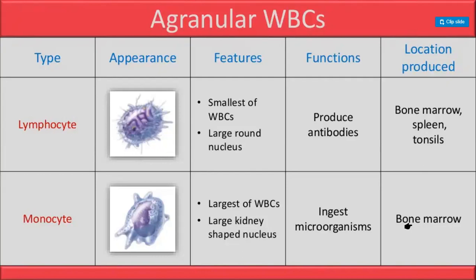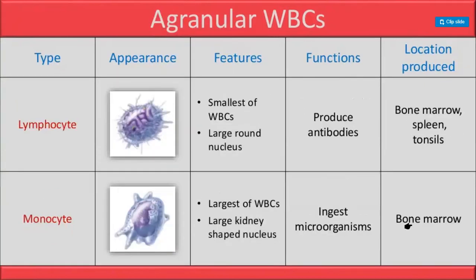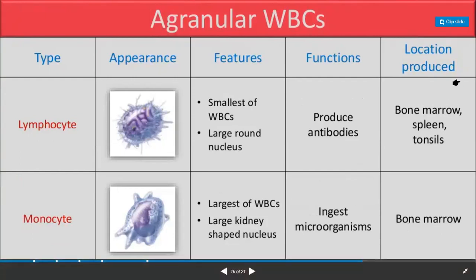And then the agranulocytes, we said, are the lymphocyte and the monocyte. The lymphocytes are about 30% in number, and then the monocyte is about 5.3% in number. And here we have the different functions of each of them and the shape of their nucleus.